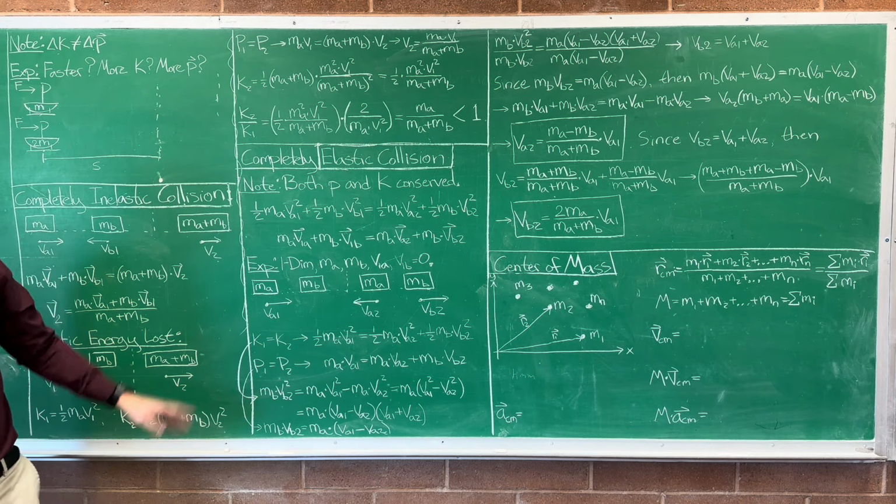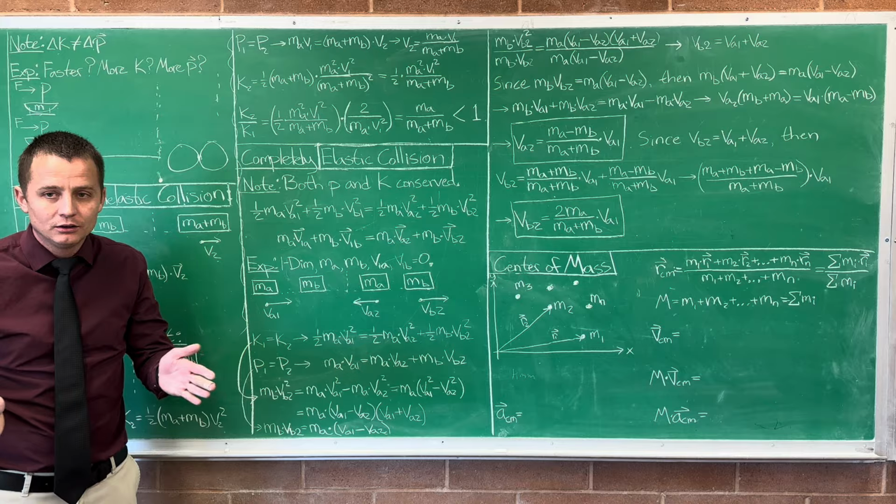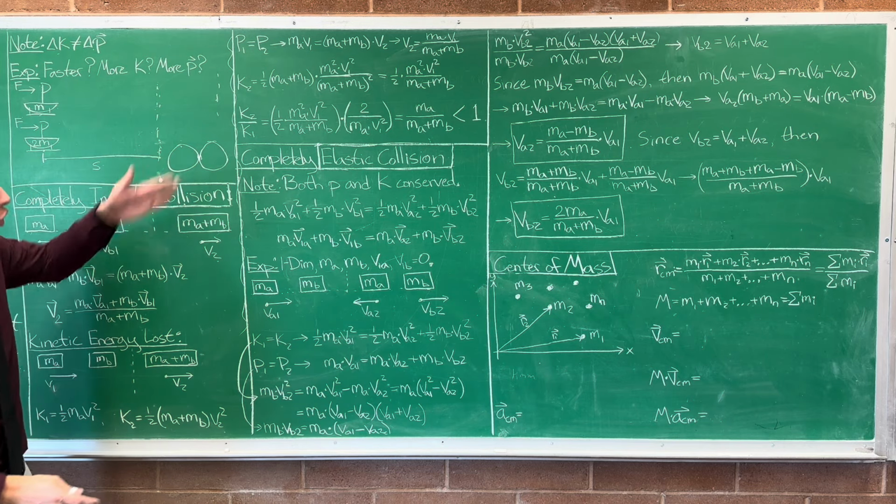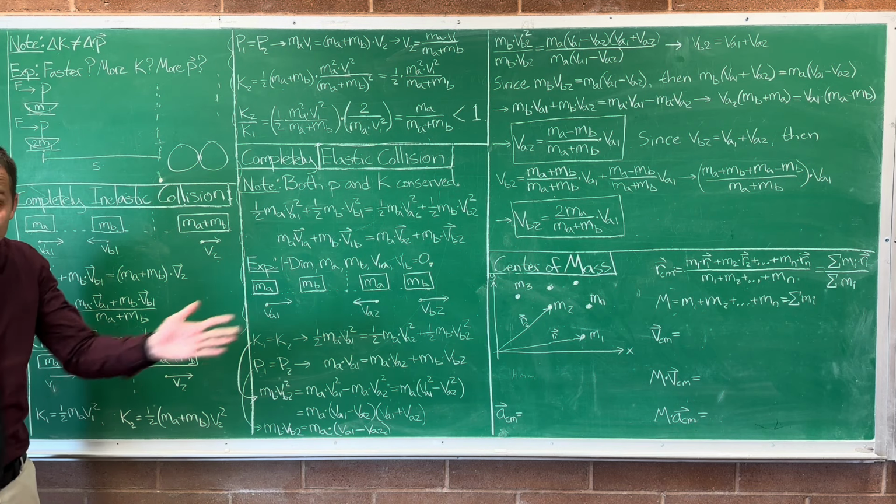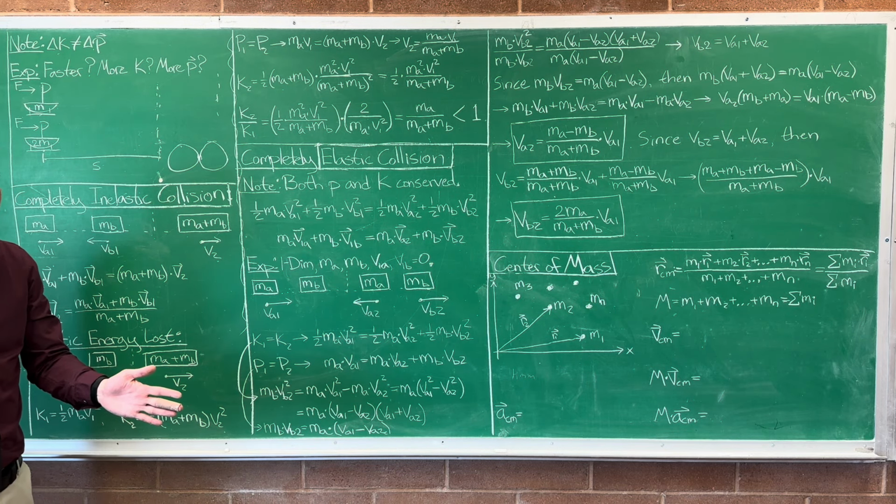When they hit, this one dents in a teeny bit, that one dents in a teeny bit, and then bounces back out. And it reassumes the shape it had prior to the collision. And so there is no deformation. It kind of bounces right back out, and it has the same shape that it had prior to it. And so that's a completely elastic collision.